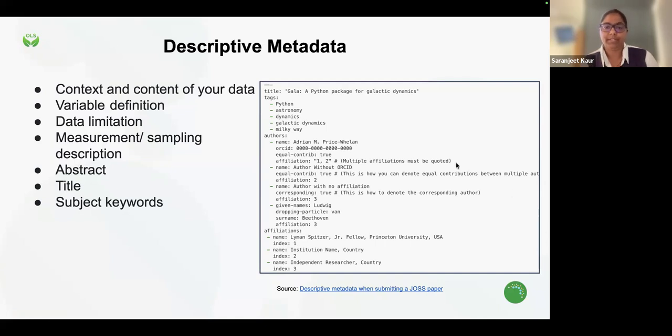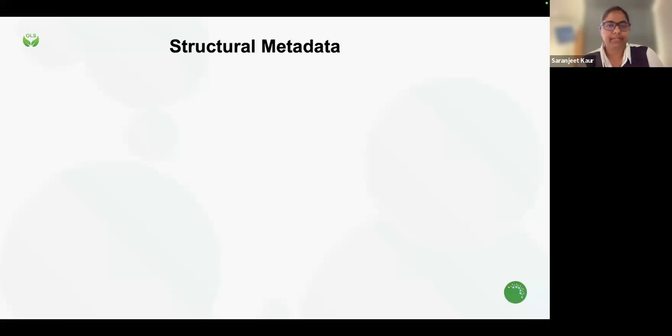In this image, it's a screenshot of a JOSS paper, and it gives us all this metadata around what the title of the paper is, what tags are associated, who the authors are, and what they are affiliated to. So this kind of information can be classified as descriptive metadata.